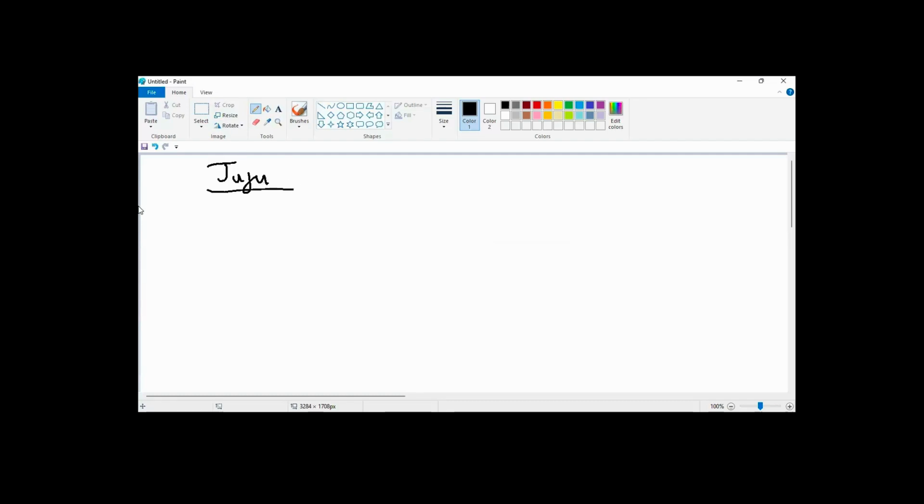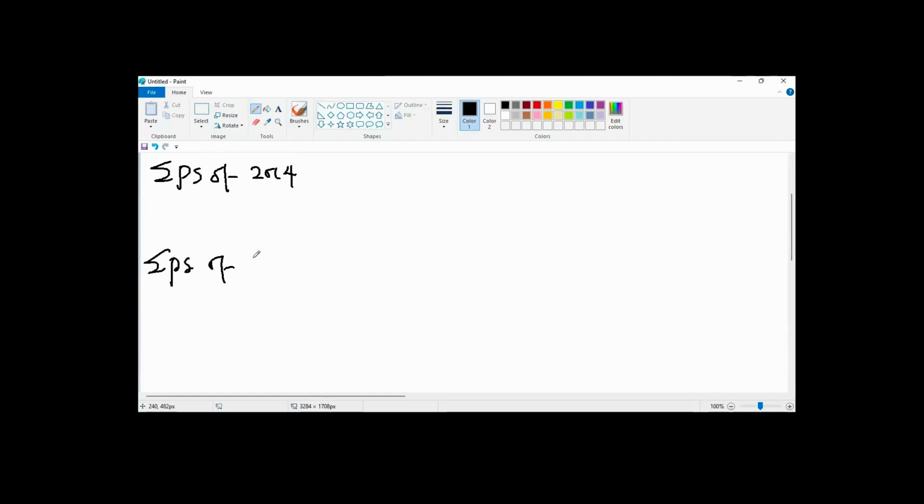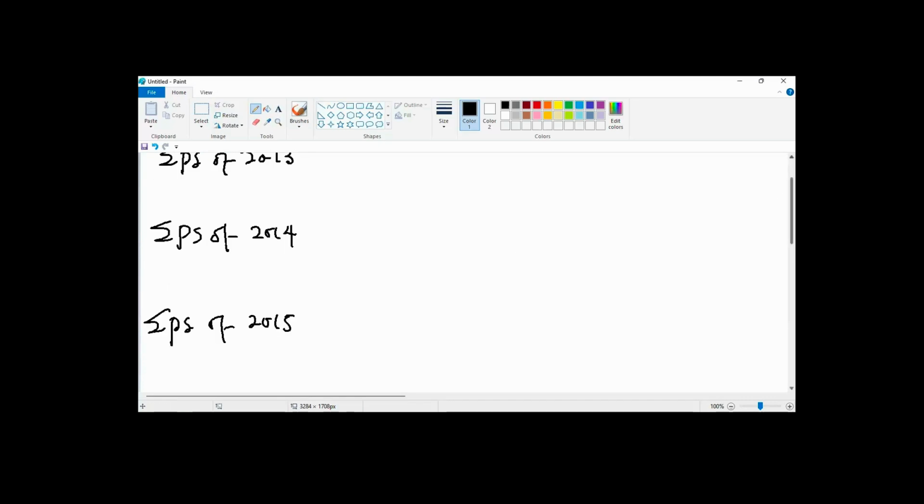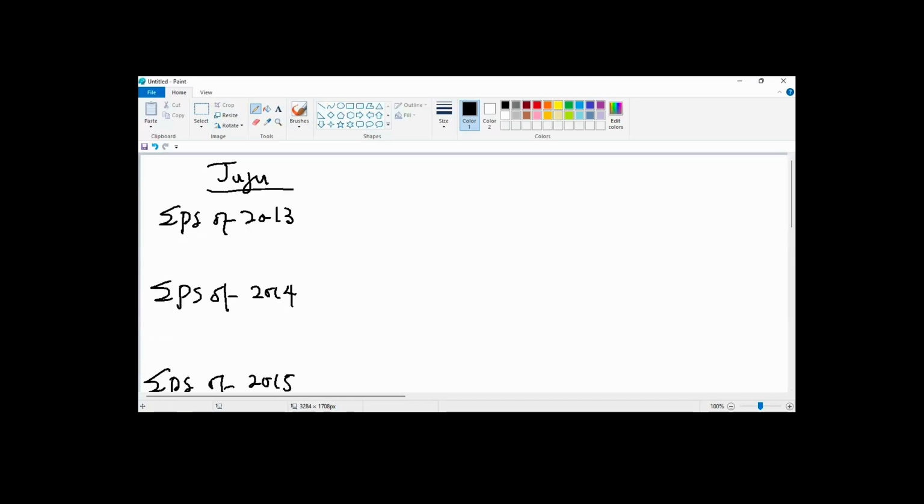Then earnings per share of 2013, earnings per share of 2014, then we also have earnings per share of 2015. So that is the requirement.